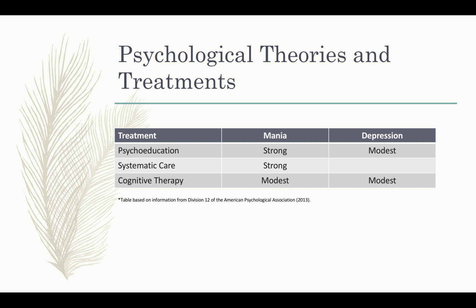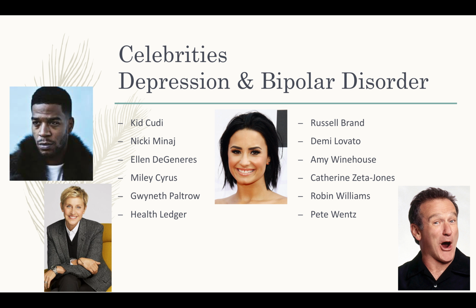Cognitive therapy, tapping into the cognitive thought processes and thinking patterns of those individuals, seems to help, but there are other alternatives that are more successful and effective, specifically for treating manic episodes. So it's a very challenging group of individuals to work with because of the particular symptoms they experience and express.